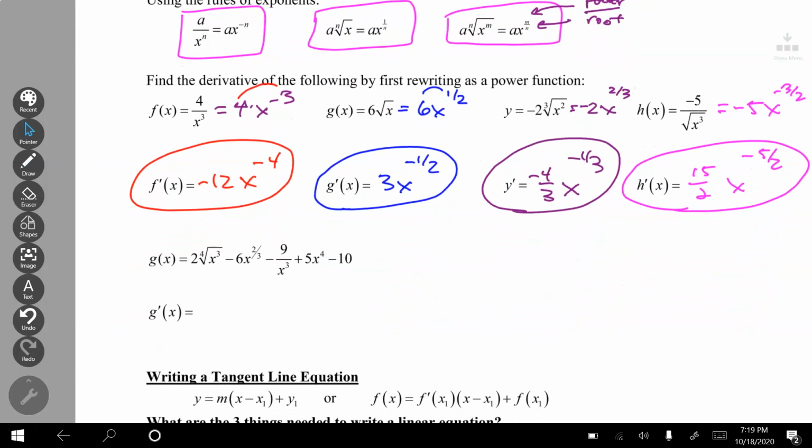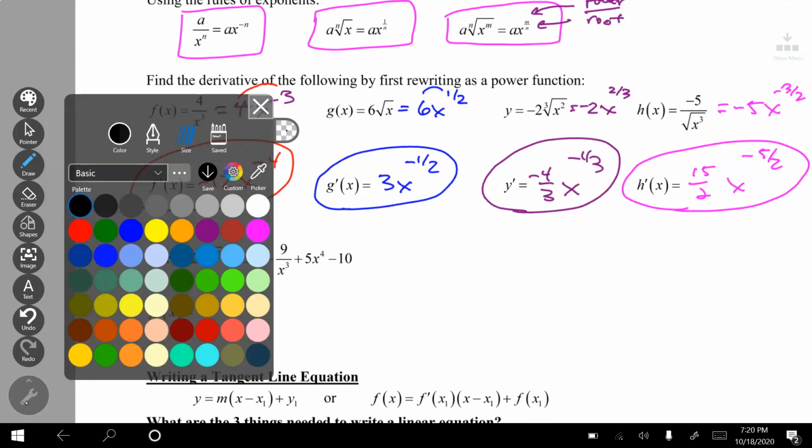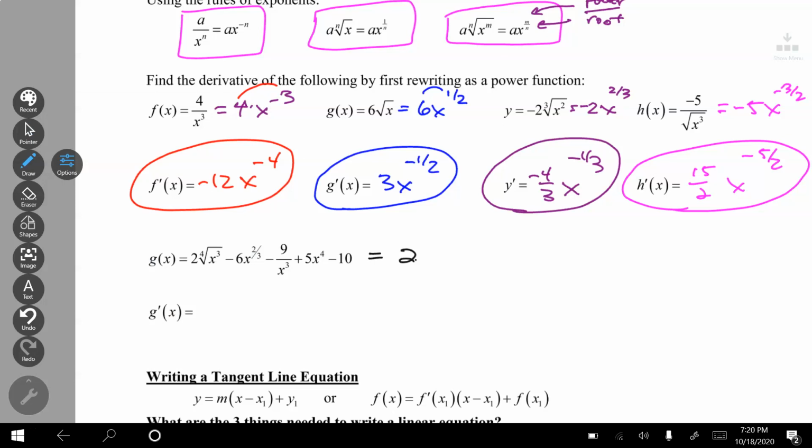Now what happens if I have things with many terms in it? Well, I should rewrite it first. 2 x to the 3/4 minus 6 x to the 2/3. I don't have to rewrite that. Minus 9 x to the negative 1/3 plus 5 x to the 4th minus 10. And I take its derivative. So 2 times 3/4 is, excuse me, 6/4, which is 3/2 x, top minus bottom is negative 1/4.